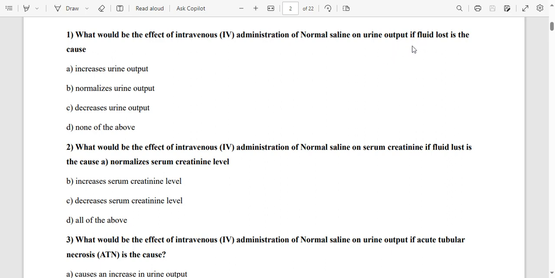If you lose more water, what are you remaining with? You are remaining with a solution that is a bit more concentrated, right? And then you administer normal saline, so you are topping up more fluid to that solution which was more concentrated. Hope this is making sense.